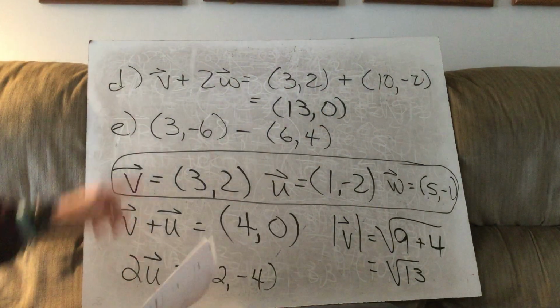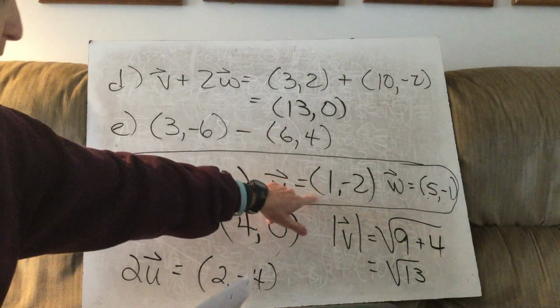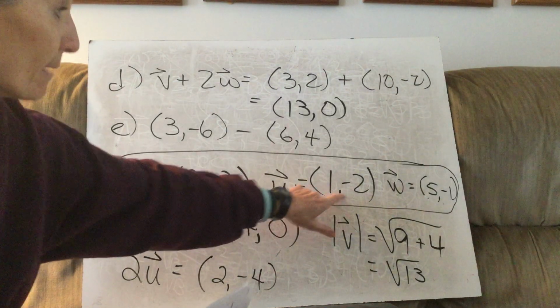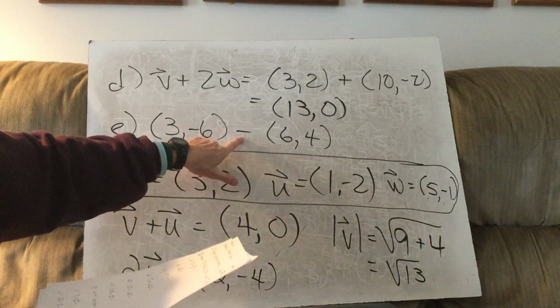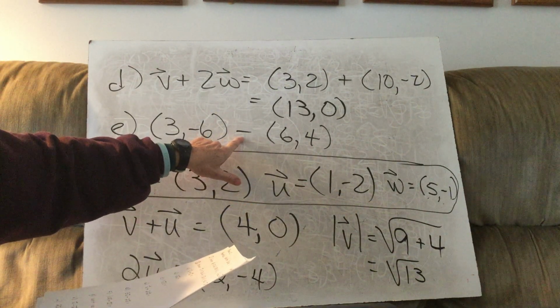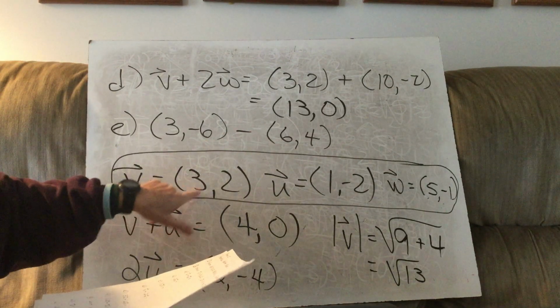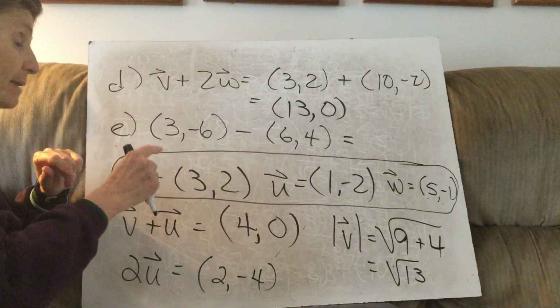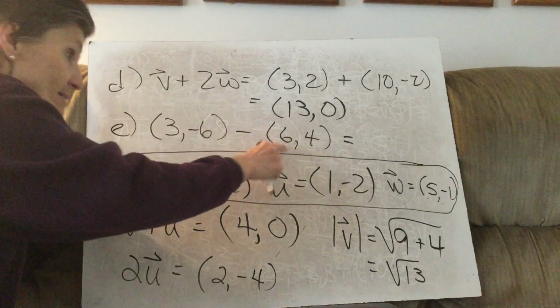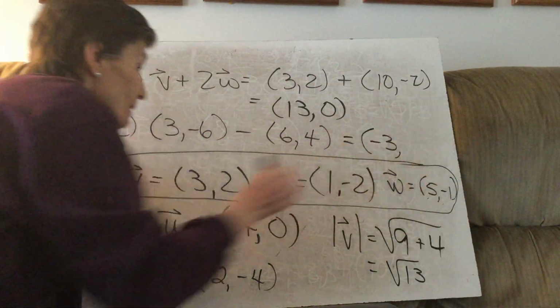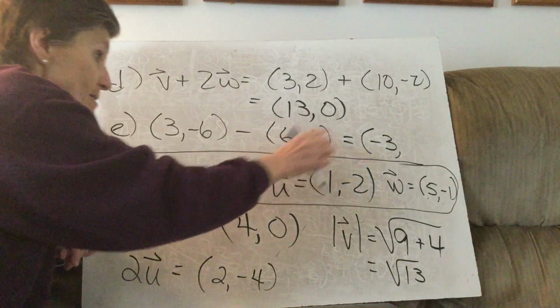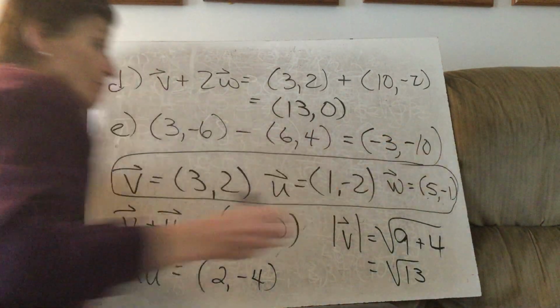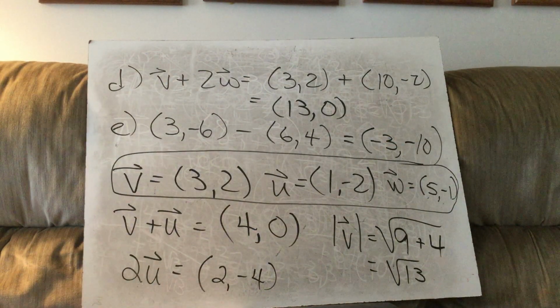So for problem E, we're taking 3 of these, so 3 times that, and we're subtracting 2 V's, so 2 times this. So when we subtract, we do it just like add. 3 minus 6, and -6 minus 4. Perfect.